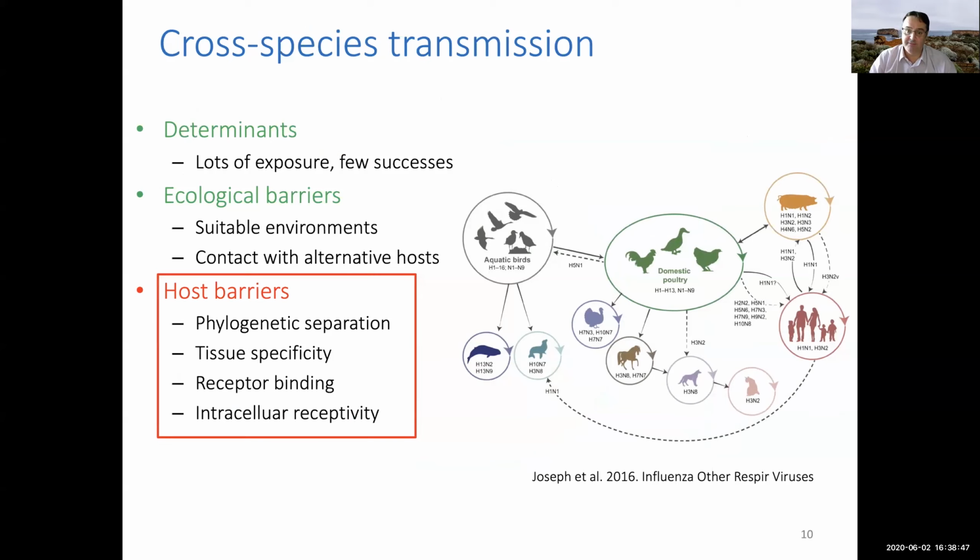And there's a bunch of other molecular signatures that are associated with pathogenicity in mammals, as well as the ability to infect, the ability to utilize the human receptor type. And we also look at whether or not there's population immunity.